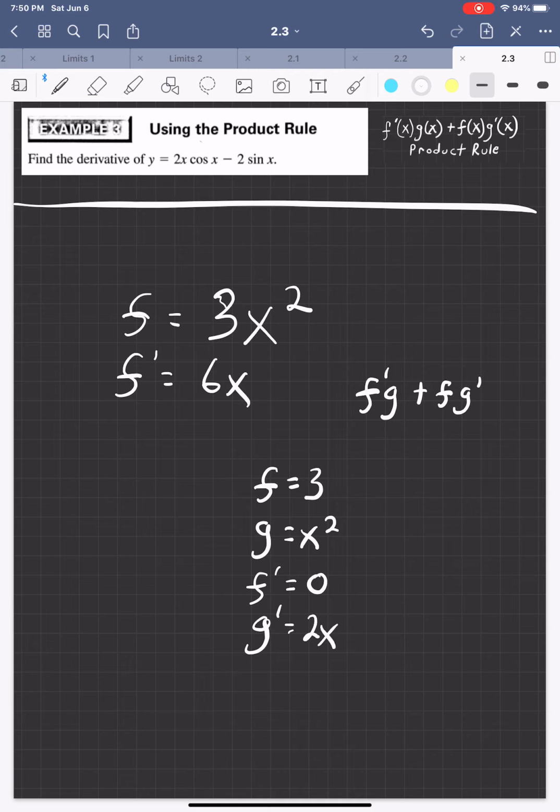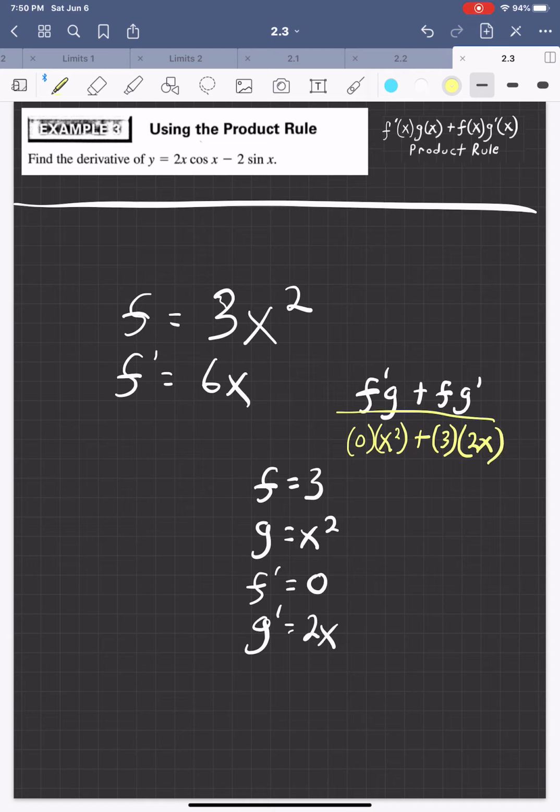Now, I know that you're already thinking, why would this student go through all this trouble? But remember, they forgot. They didn't know which rule to use, so they decided to use the product rule. But notice, when they start to plug things in, we would have f prime, which is 0, times g, which is x squared, plus f, which is 3, times g prime, which is 2x.